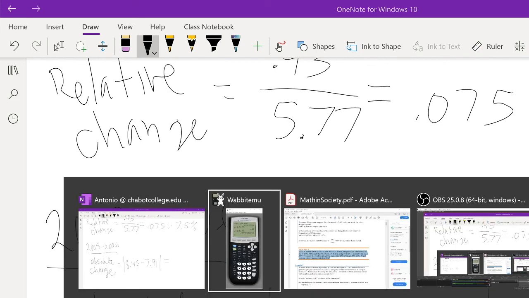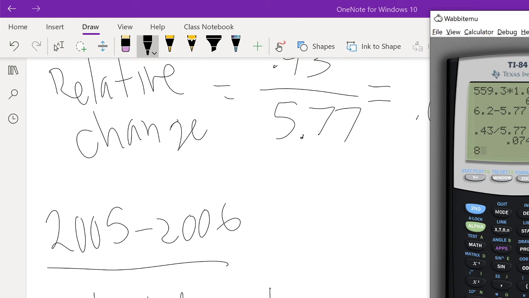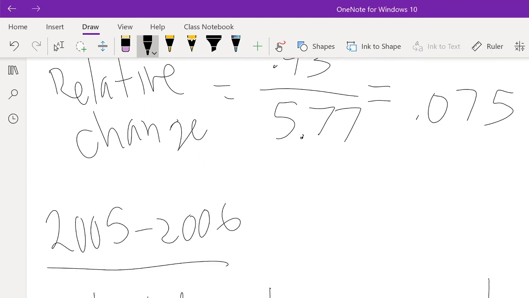Okay, so here we get 8.45 minus, what was it, 7.91. Okay, so we get 0.54 trillion. All right, and again, $0.54 trillion or $540 million is what that's representing in terms of the debt.